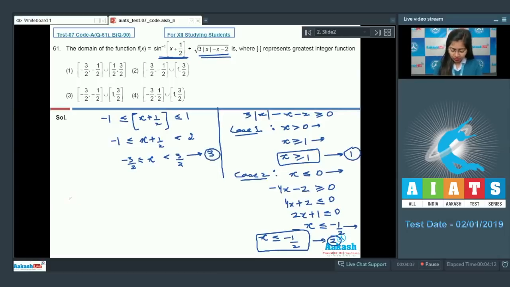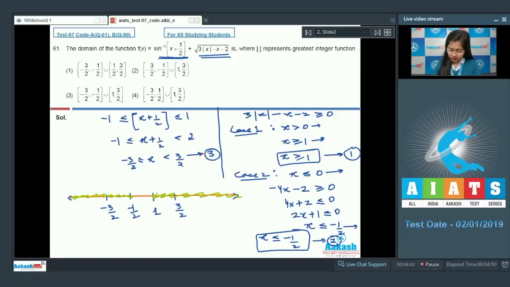Now let us draw the number line. Let us say this is minus 3 by 2, this is 3 by 2, this is 1 and this is minus half, right? Hence 1 takes the values x greater than or equal to 1, that is these ones, and x less than or equal to minus half, that is these values.